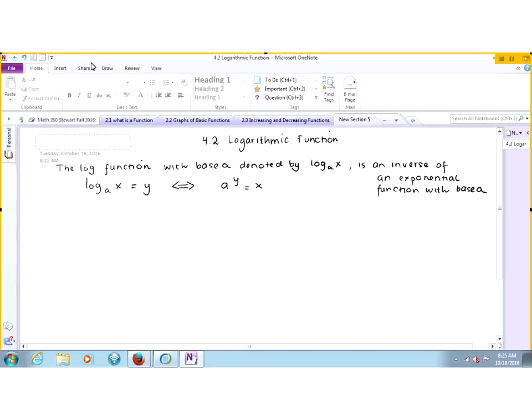So what do we do when we find inverse? Do you guys remember? Yes, switch the x and y. Yeah. So let me explain a little bit. Why do I say that the log is an inverse of exponential function? Okay. So suppose this is an exponential function, y is equal to a to the x.